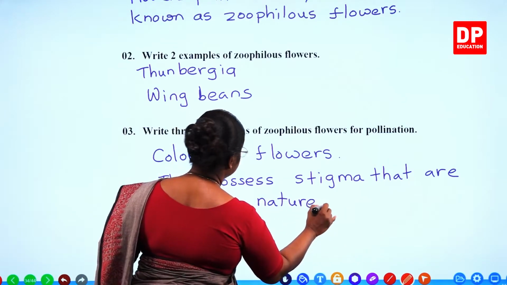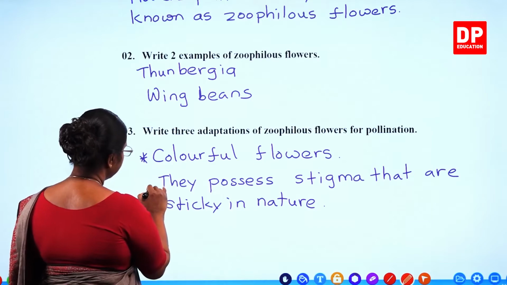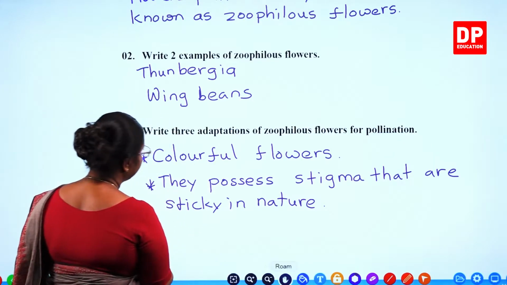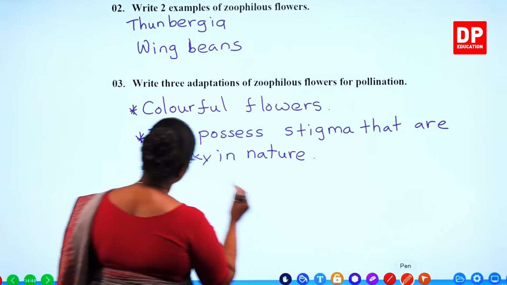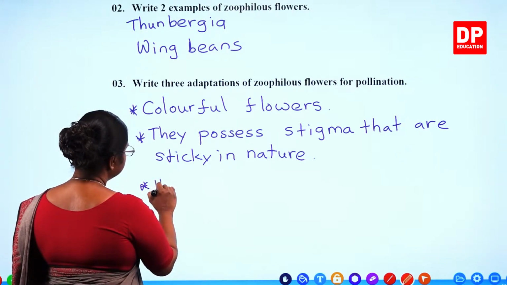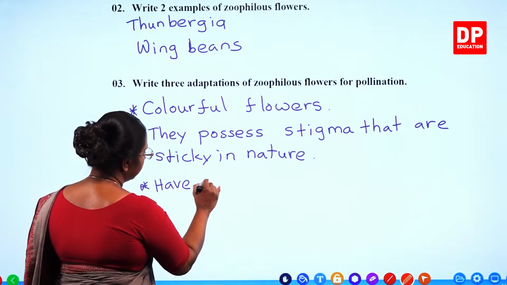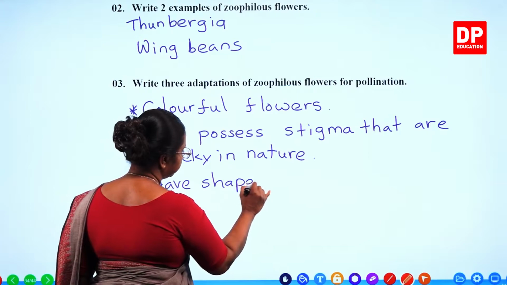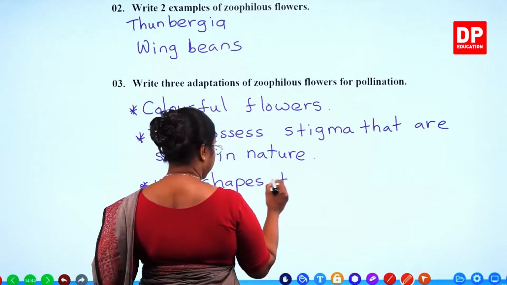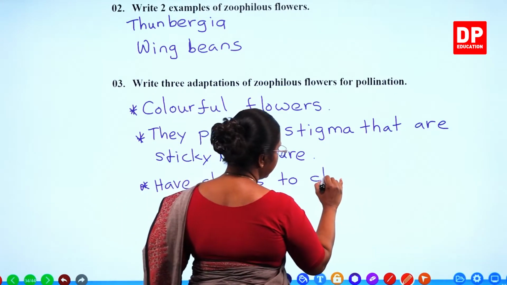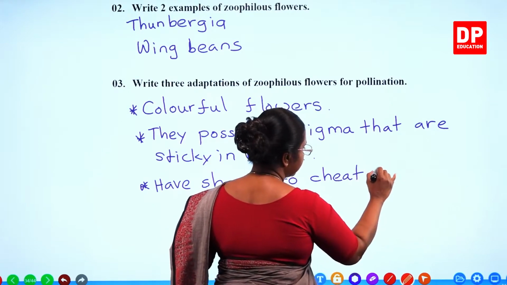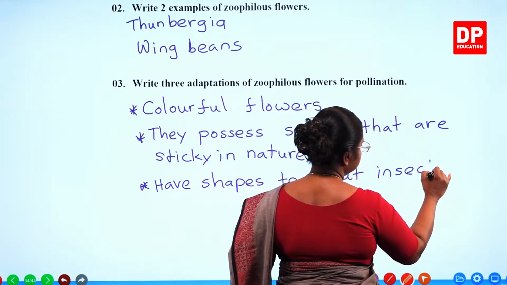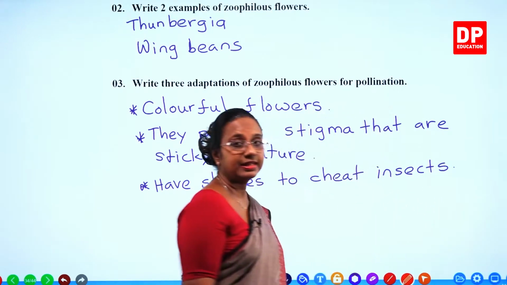And also we can say they have shapes to cheat insects. So that is another adaptation.